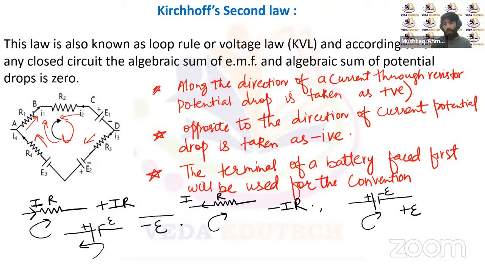So this will be the convention for the batteries I will be using in Kirchhoff's second law. Whatever terminal you face first in a battery, just take that sign for the EMF. If you are facing the negative terminal, take negative as the sign of the EMF. If you are facing the positive terminal, take the positive sign of the EMF.